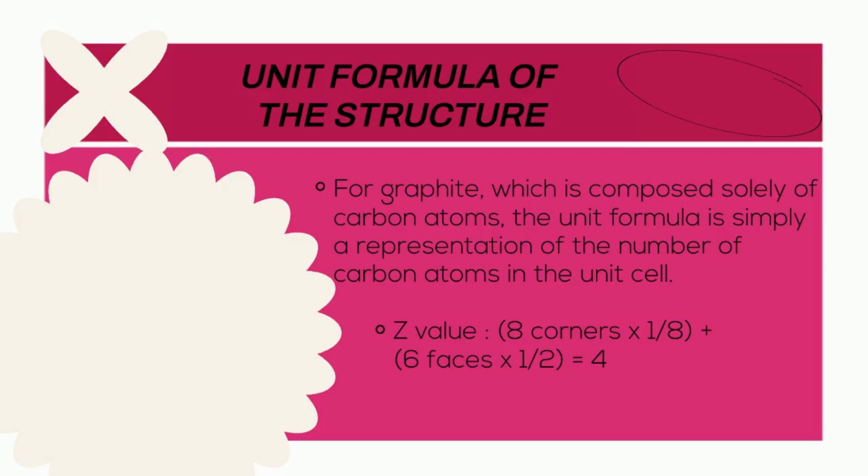Contribution per face center atom is equal to 1/2. Total contribution from face-centered atoms is equal to 6 times 1/2, that is equal to 3. Thus, 3 plus 1 is equal to 4. The Z value for graphite is 4. This means that there are 4 formula units within the hexagonal unit cell of graphite.